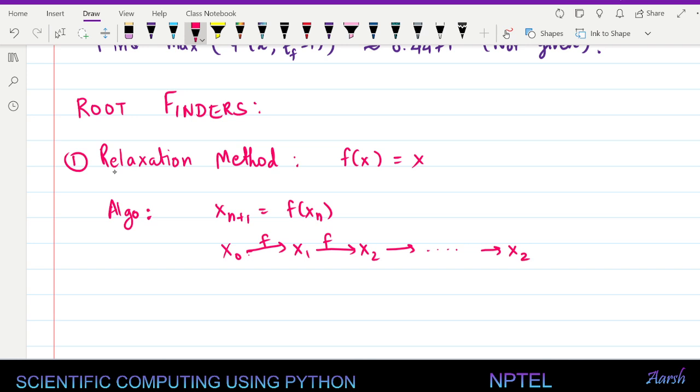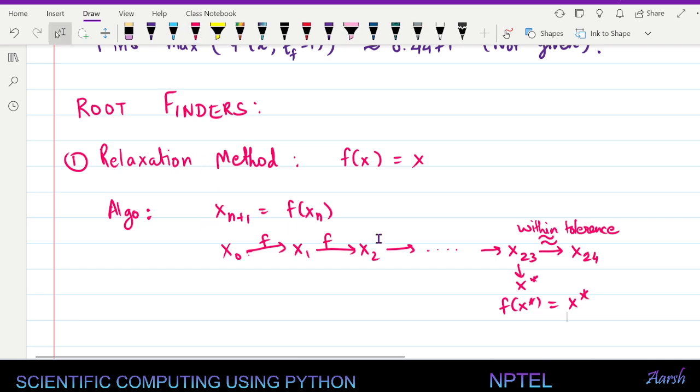Maybe after 23 steps, x23 gives x24, but both of them are more or less the same, within tolerance. And that means whatever this value x star is, f of x star is almost equal to x star itself, because it gives the same answer.